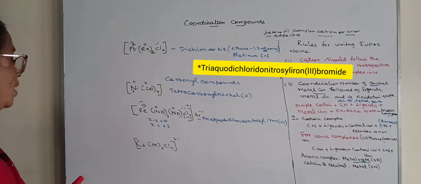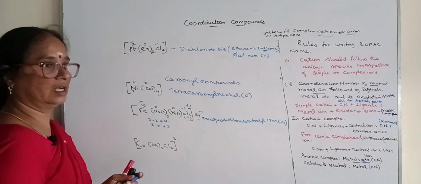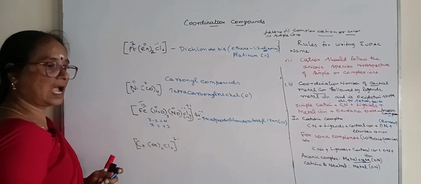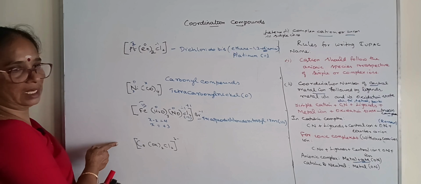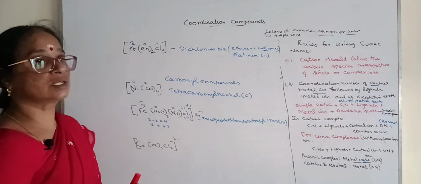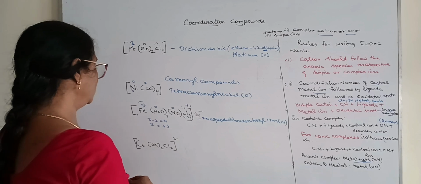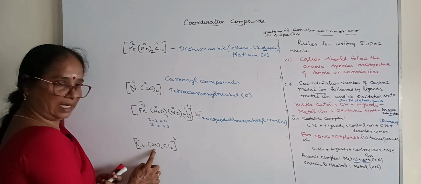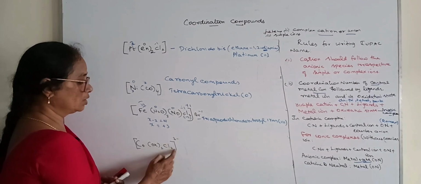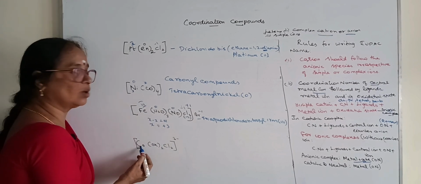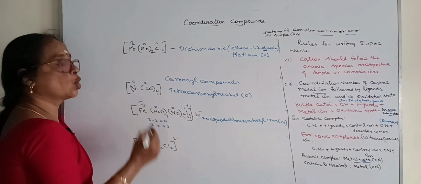The next one, once again we have a heteroleptic complex. Though the complex is an anion, it has no counter ion. So how to name this compound? Here we can go with oxalate and chloride, both of them negative ligands. So we should find out the oxidation state of cobalt.